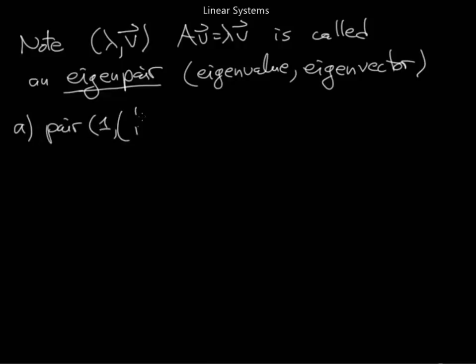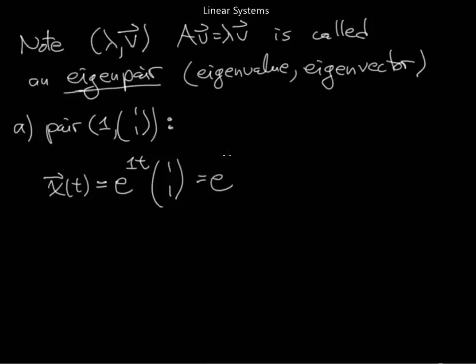So in terms of the pair terminology, I have the pair 1 and the vector (1, 1), and that gives me a solution to the equation, x of t equal to e to the 1 times t times the vector (1, 1). That is to say, e to the t times (1, 1).